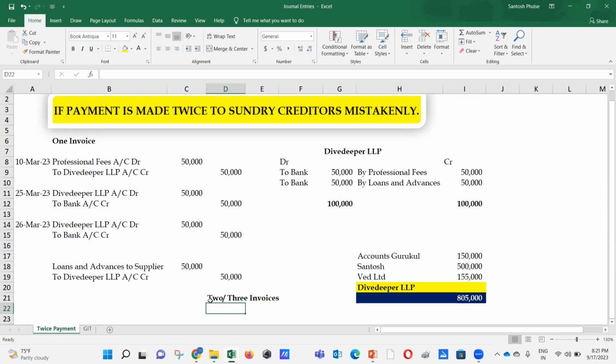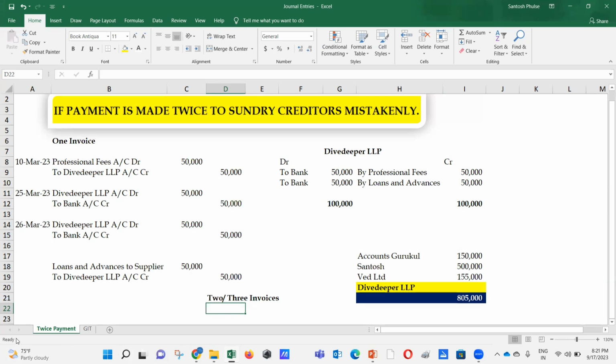And if you club everything towards accounts payable, then that's not going to be the right presentation of the MIS. So that's the way we have to do this if payment is made twice to sundry creditors mistakenly.